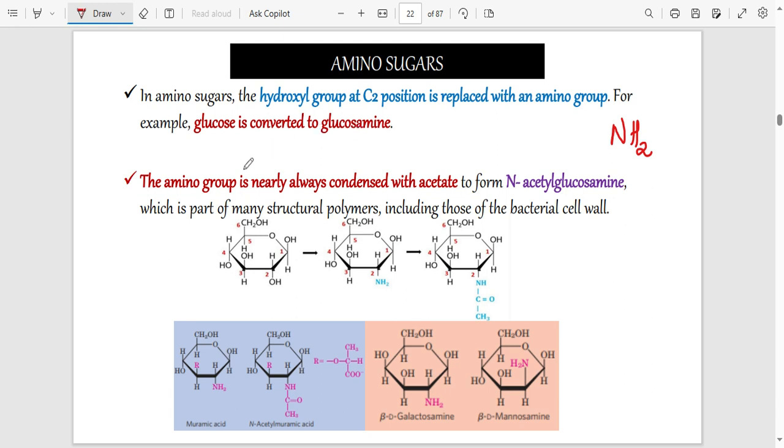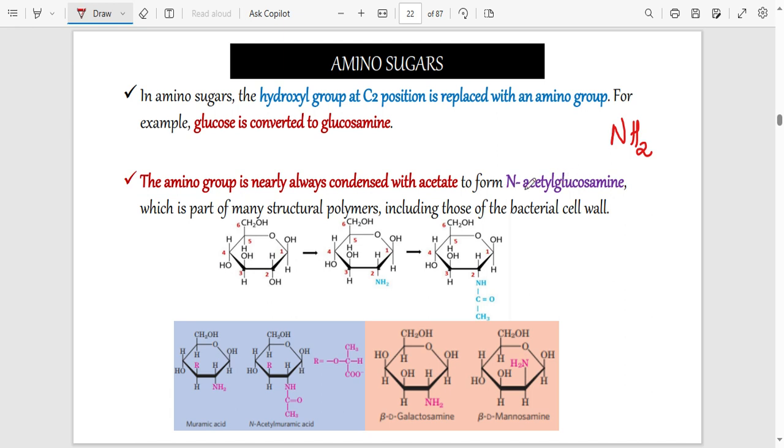Now, mostly what happens is that when you substitute the glucose with the amine, the amine is also going to add to itself an acetyl group. Because we are adding the acetate to the nitrogen of the amine, it becomes N-acetylglucosamine.